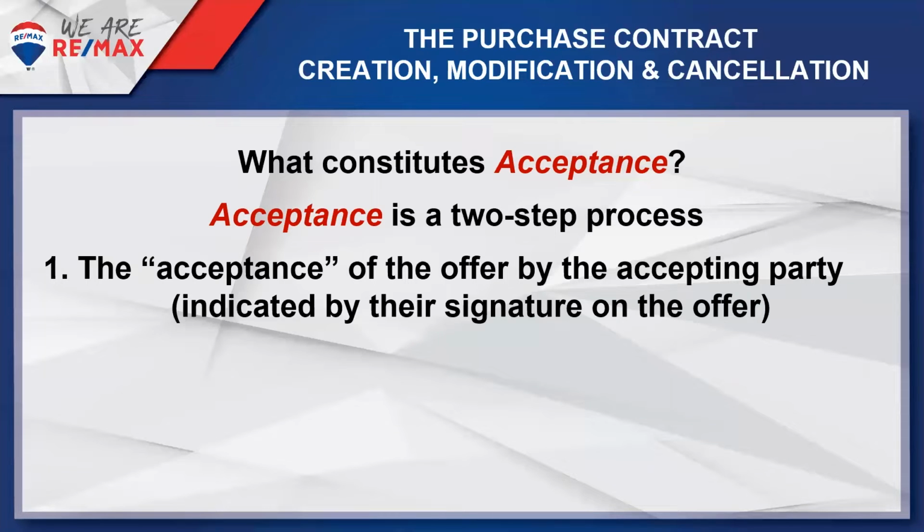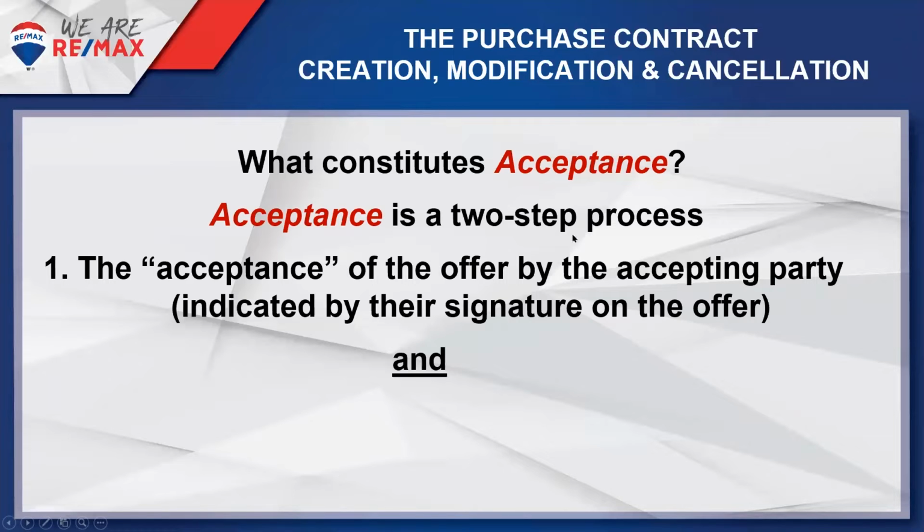And then it switches again if the buyer sends a counter offer to the seller's counter. So you can see how that goes back and forth. So the first part of acceptance is acceptance by the accepting party of the offer made by the offering party. And that's indicated by a signature on whatever the offer form is. So I don't mean just RPA. It could be a counter offer. It could be a repair request.